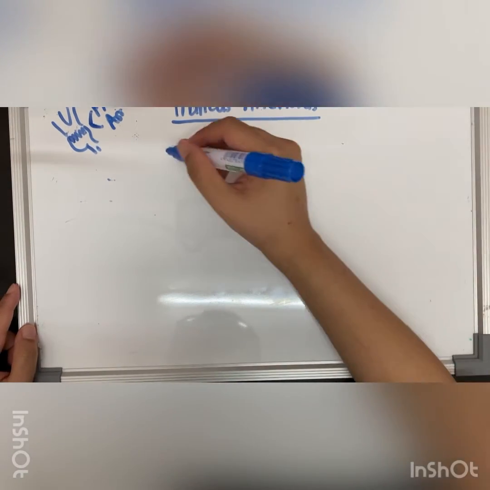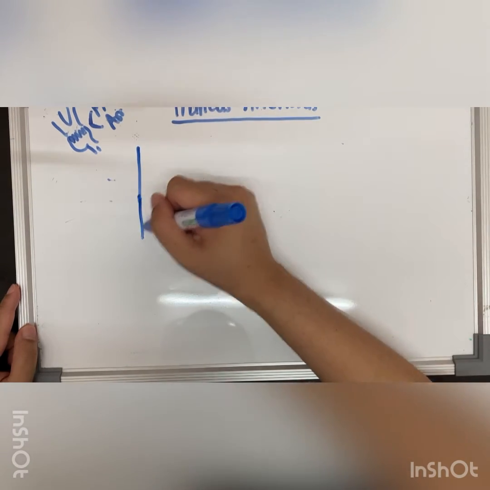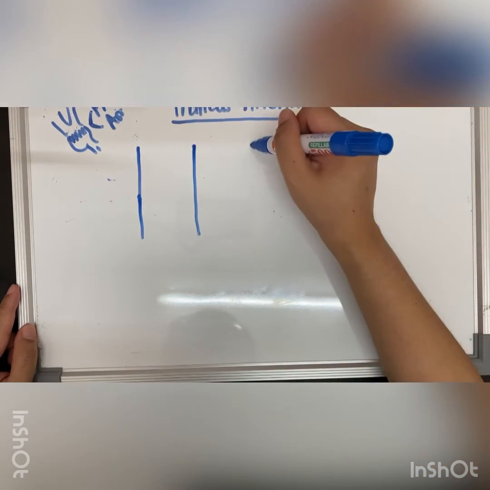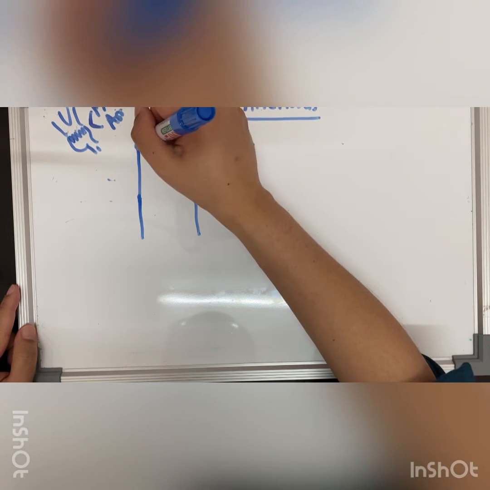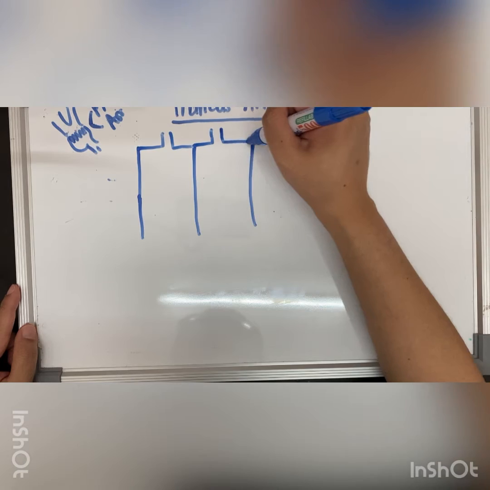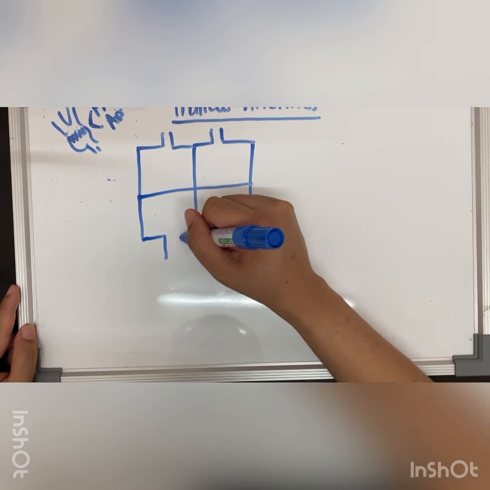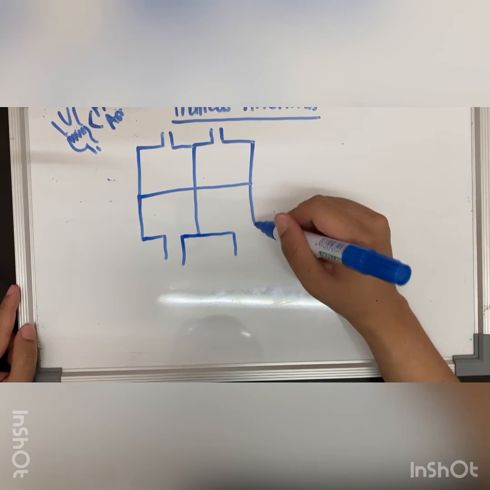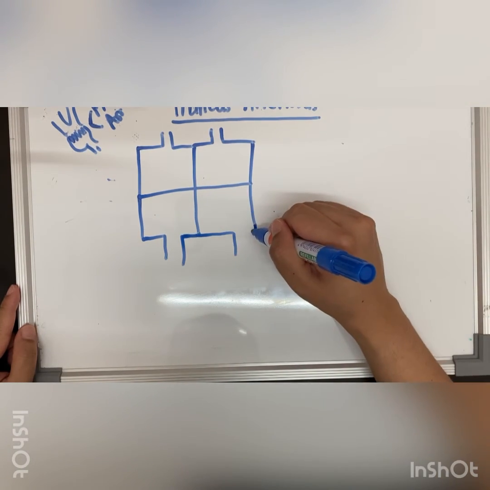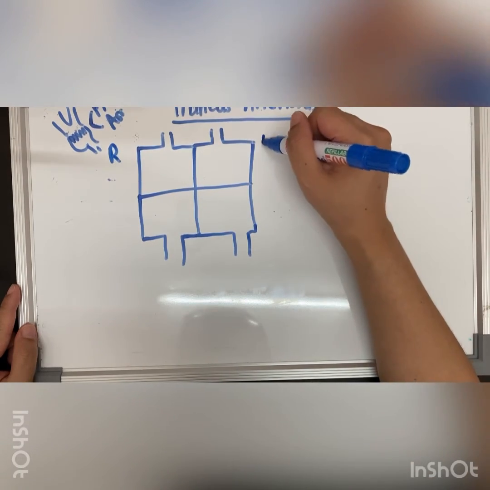So in a normal simple diagram of a normal heart, you will have 4 chambers, from the right side and the left side.